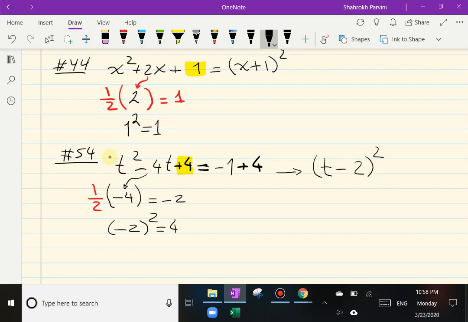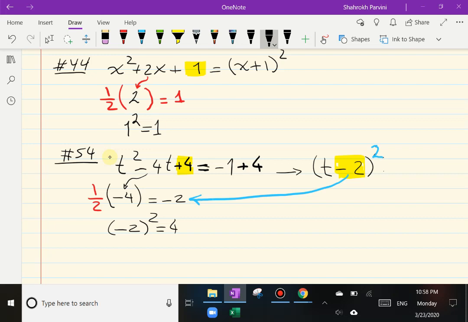Now remember the negative 2 in here, where does that come from? It's the same as this number. So whatever that is, you put it in parentheses. And do not forget to square it, otherwise this will not be correct.